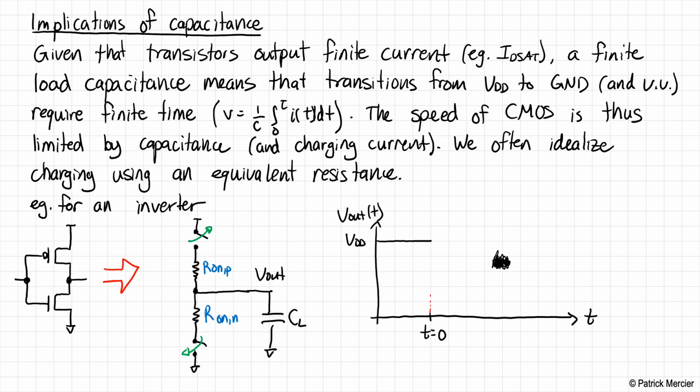Okay, but as soon as the PMOS transistor turns off, we can say that that switch opens. This is just a model, but let's just say the switch opens. And at that same instance in time, the NMOS transistor turns on.